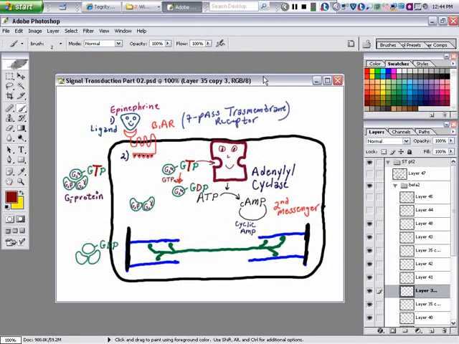GTPase. That's the intrinsic activity. So this G stimulatory alpha can do two things. One side of it can activate adenylyl cyclase, and one side of it can chop off the phosphate to deactivate itself.